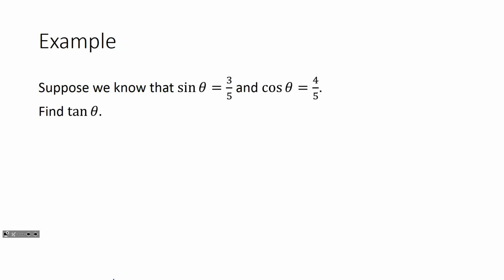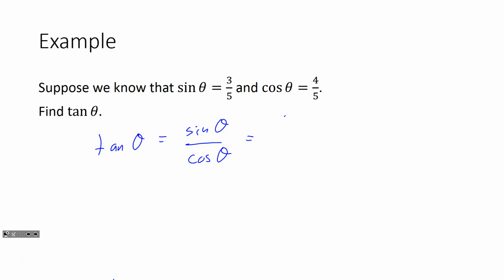Here we'll do an example of applying a quotient identity. We've got that the sine of theta equals 3/5 and the cosine of theta equals 4/5. Let's find the tangent of theta. From the previous slide, we have that the tangent of theta equals the sine of theta over the cosine of theta.